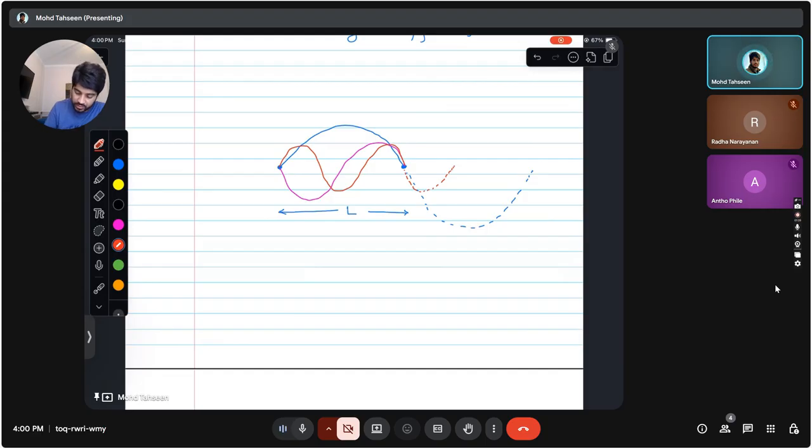So in the first case, if we look at the wavelength, lambda, this wavelength is 2L.